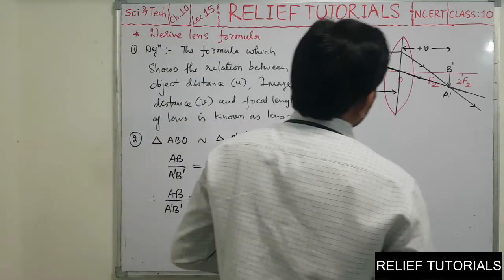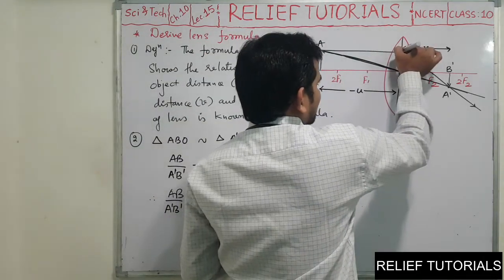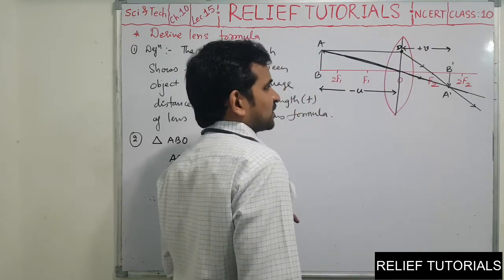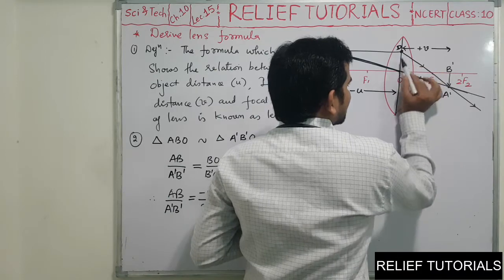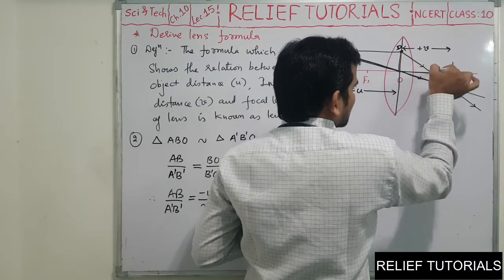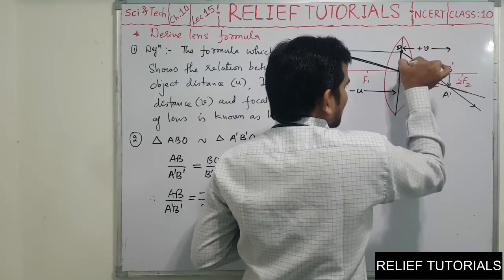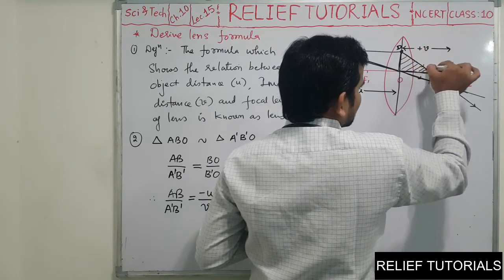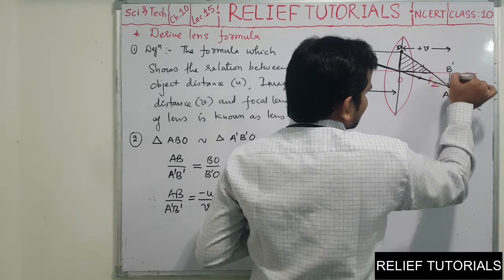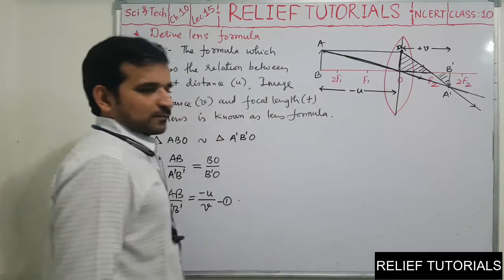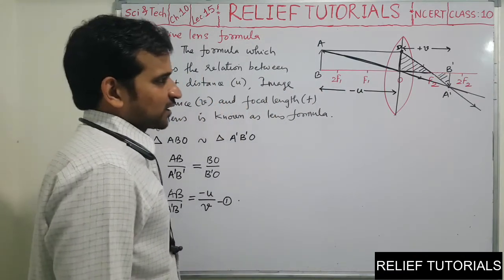One more similarity we can take here. Let us say this point is D. If you see in the figure, triangle DOF2 and triangle ABF2, these two are another pair of similar triangles.